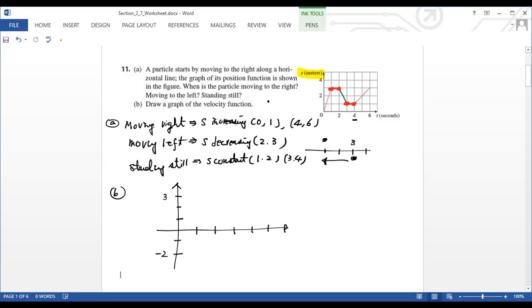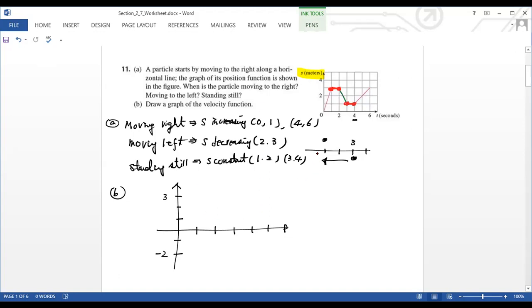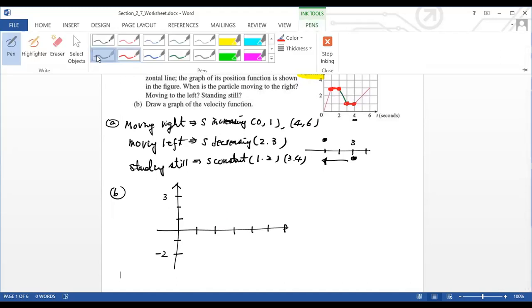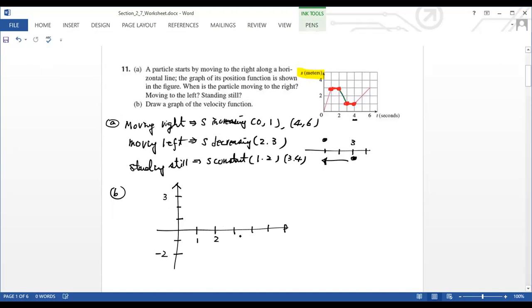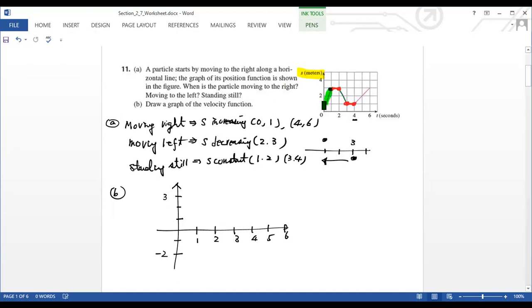All right, so take a look here. When the time goes from 0 to 1 seconds, here this is 1 second, 2 seconds, 3 seconds, 4 seconds, 5 seconds, 6 seconds. So from 0 to 1 seconds, this is your position function.